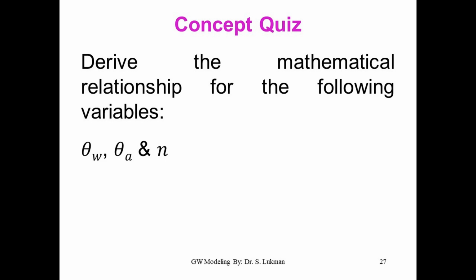So I substitute it directly. But what about this VW? I don't see anything apart from these three parameters and VT. What about this one?